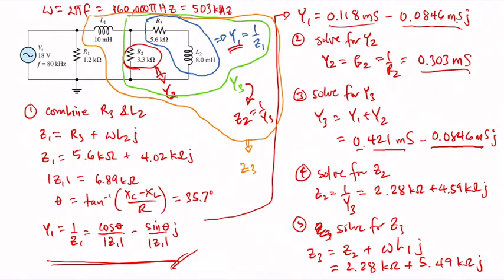So we get Y4, which is the reciprocal of Z3, and then combine that with Y5, which is the reciprocal of R1. The next step is 5: simplify R1 and Z3.